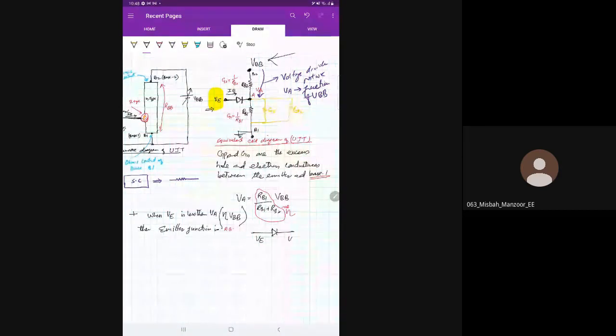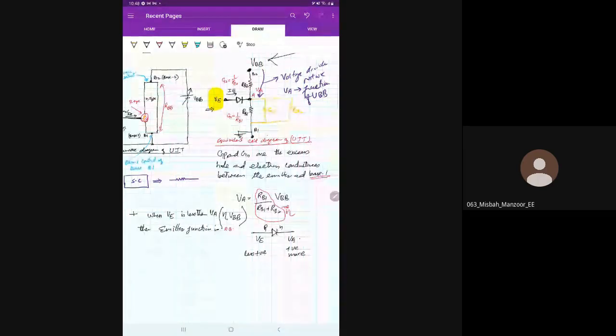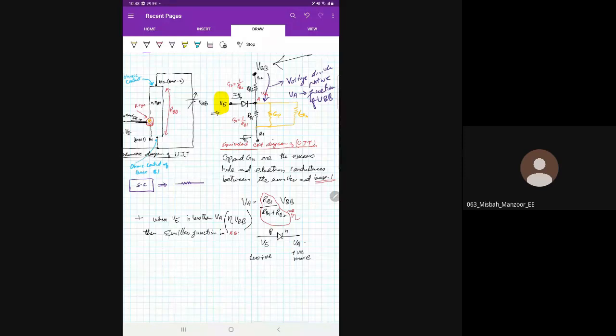VE less than VA means you have more positive on the N side and less positive on the P side. When you have less positive on the P side and more positive on the N side, it will be reverse biased. So the emitter junction is reverse biased.